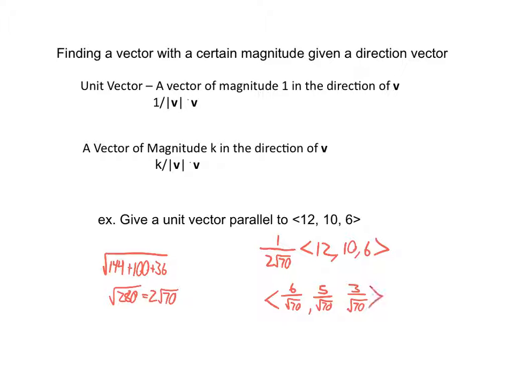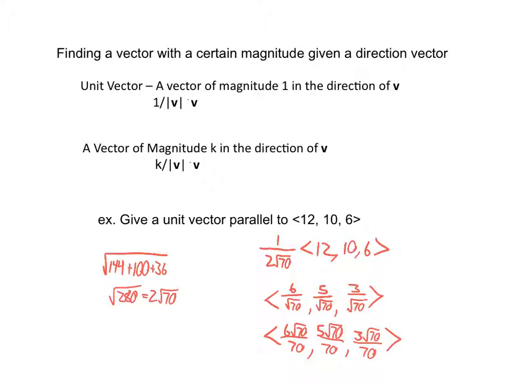Okay, notice the 2's canceling out here. Alright, and then if we do simplest radical form with that, it would be 6 root 70 over 70, 5 root 70 over 70, and 3 root 70 over 70.